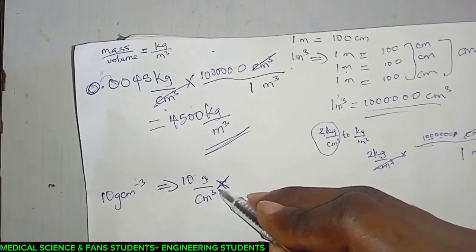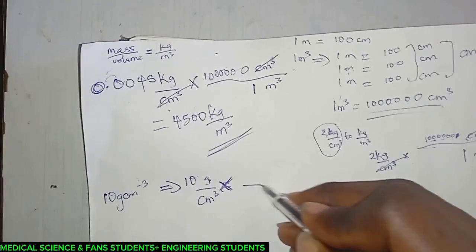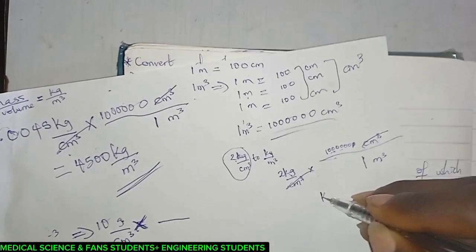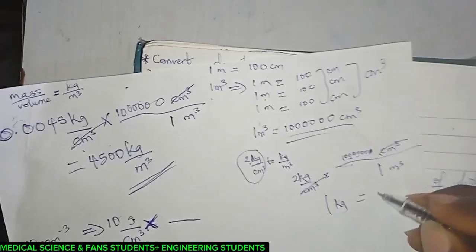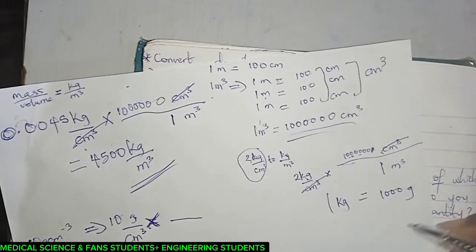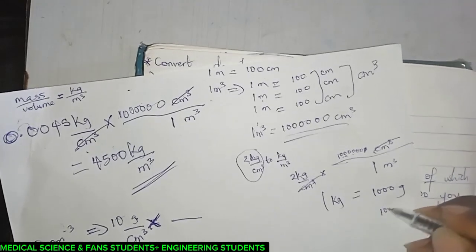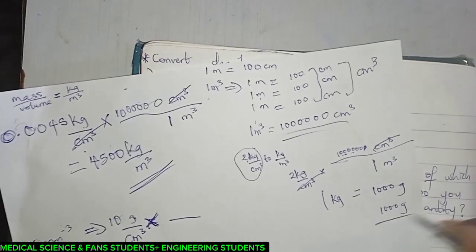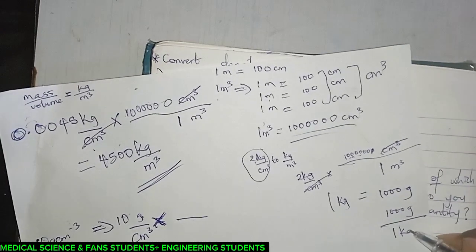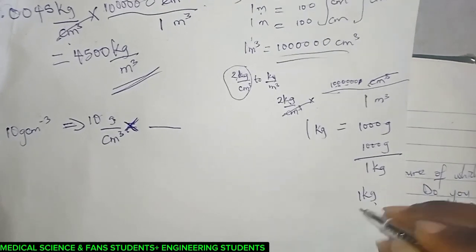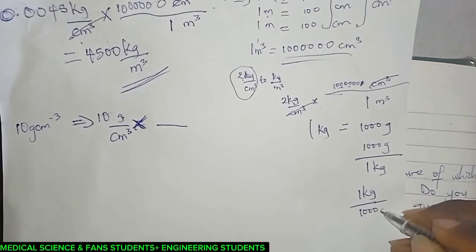How many gram make 1 kilo? 1 kilogram is equal to 1000 gram, which means 1000 gram makes 1 kilogram, and I can also write it this way: 1 kilogram makes 1000 gram.